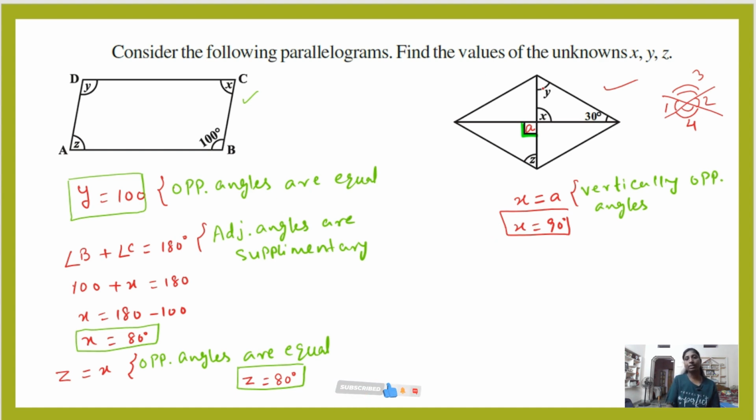Now how can we find out the value of y? We cannot find the value of z yet. First we can find the value of y, because you can see a triangle here. In this triangle, x plus y plus 30 is equal to 180. In a triangle, the sum of all the angles is 180 degrees. It is the angle sum property.